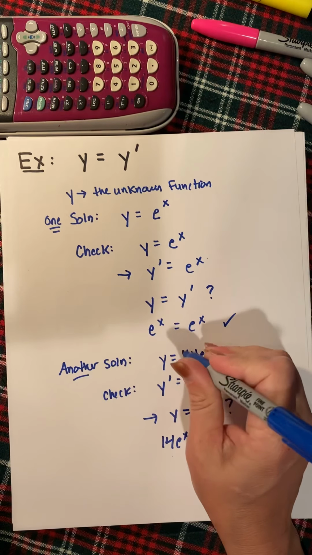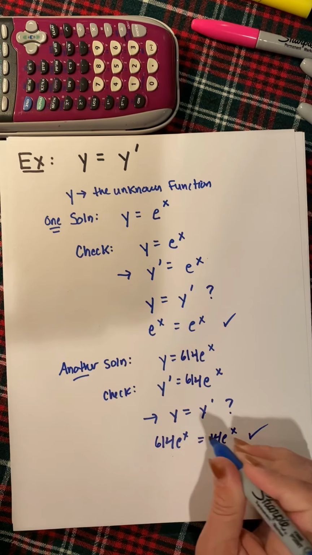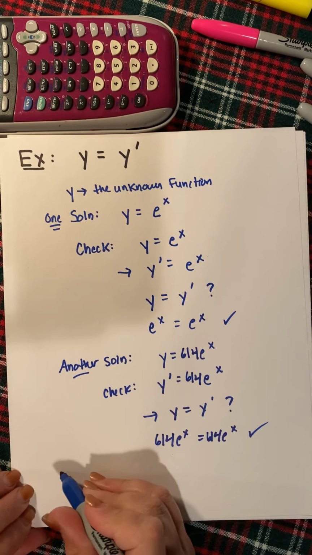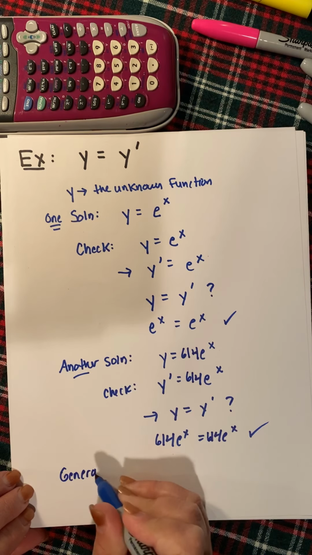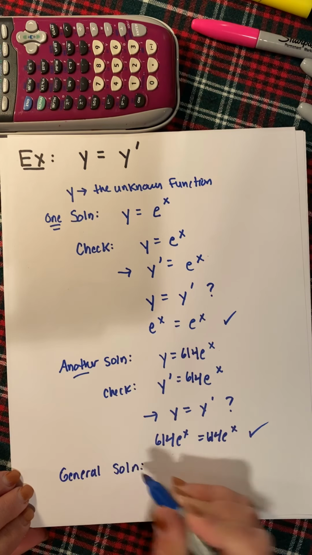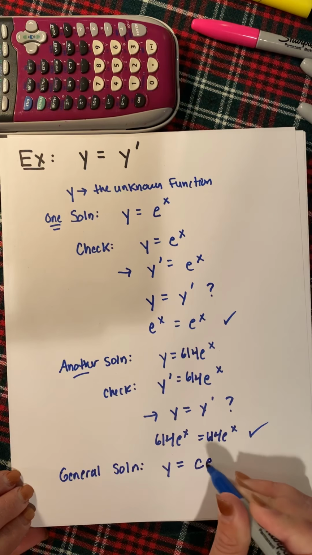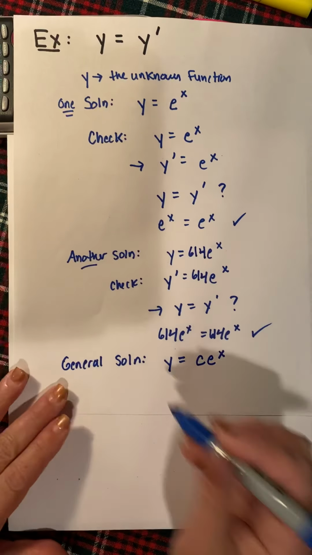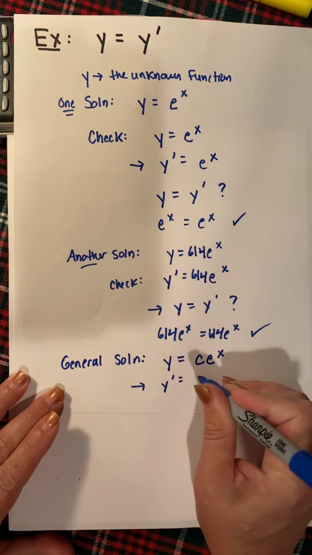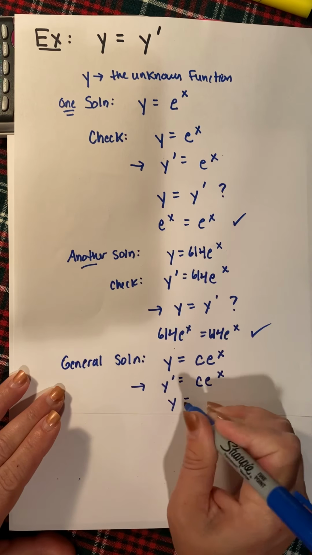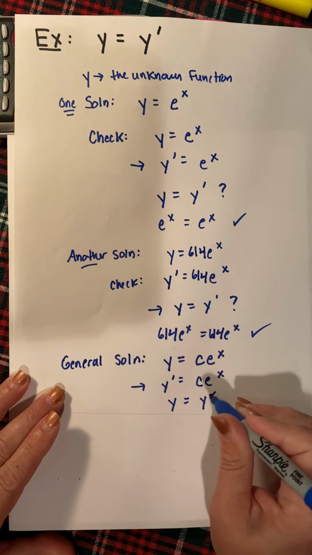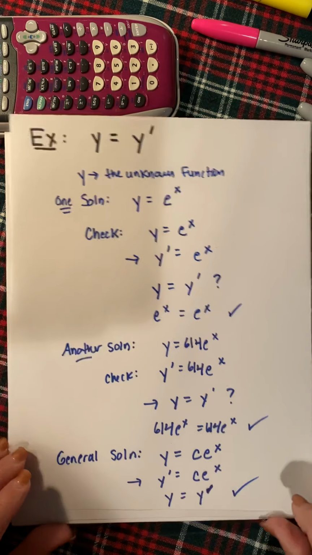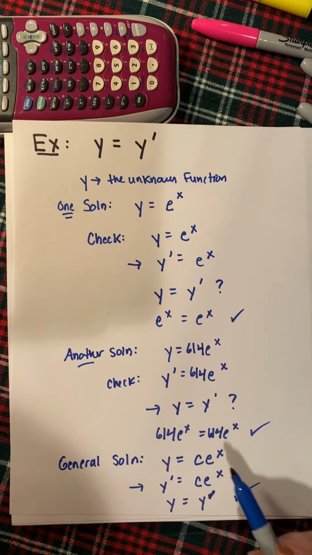In fact, I could put any constant here, 614, and its derivative is going to equal itself. So the general solution is any function y equals a constant times e to the x. And you can check this because the derivative of a constant times e to the x is always equal to itself.